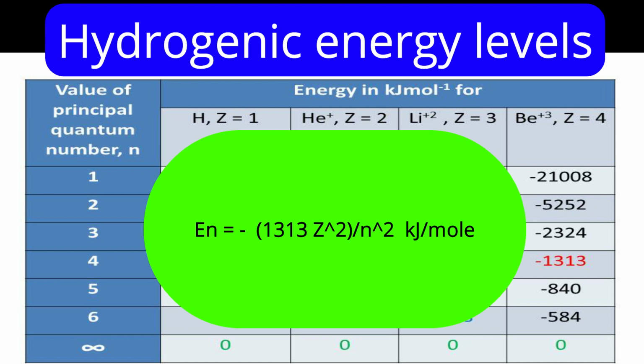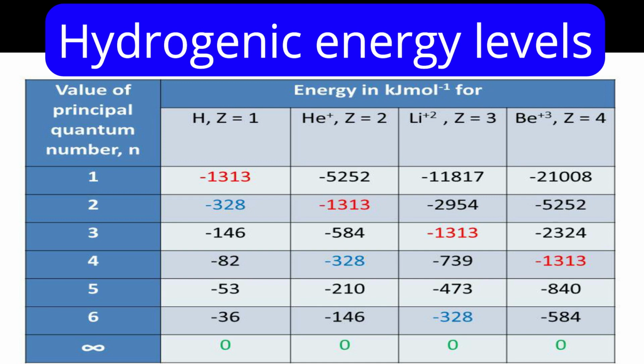Now see the calculations. I want to compare first shell energies. For hydrogen, energy is minus 1313 kilojoule per mole, while for helium plus, it is minus 5252 kilojoule per mole. This energy is 4 times lower, means the first shell of helium plus is 4 times more stable than that of hydrogen.